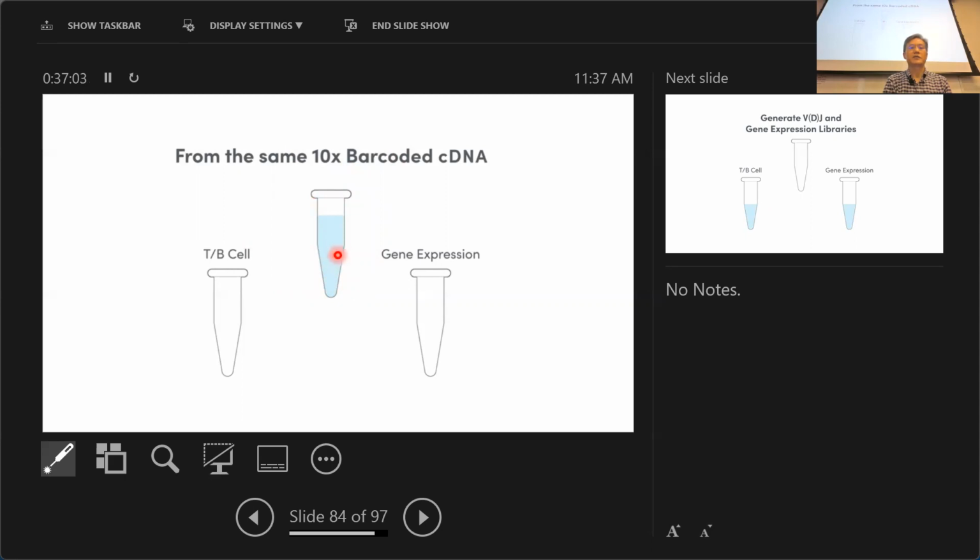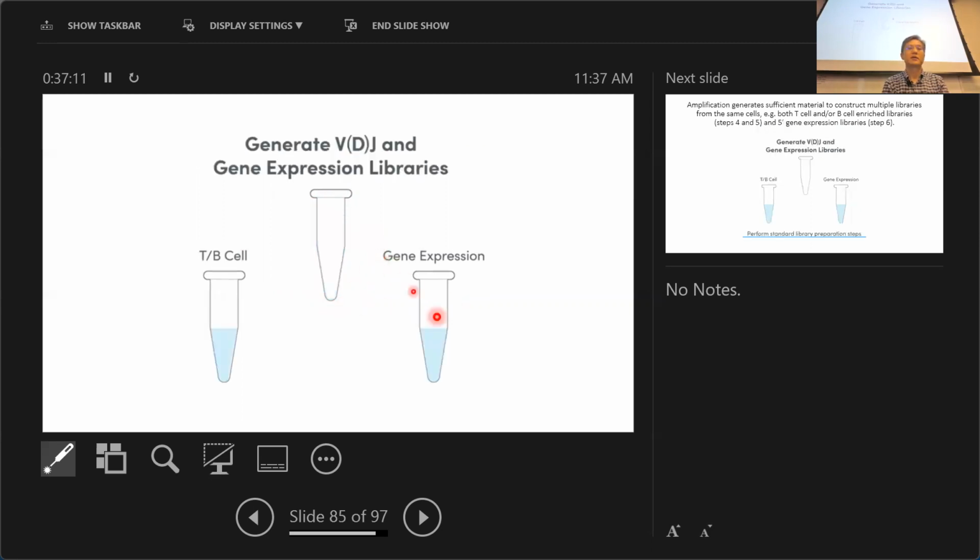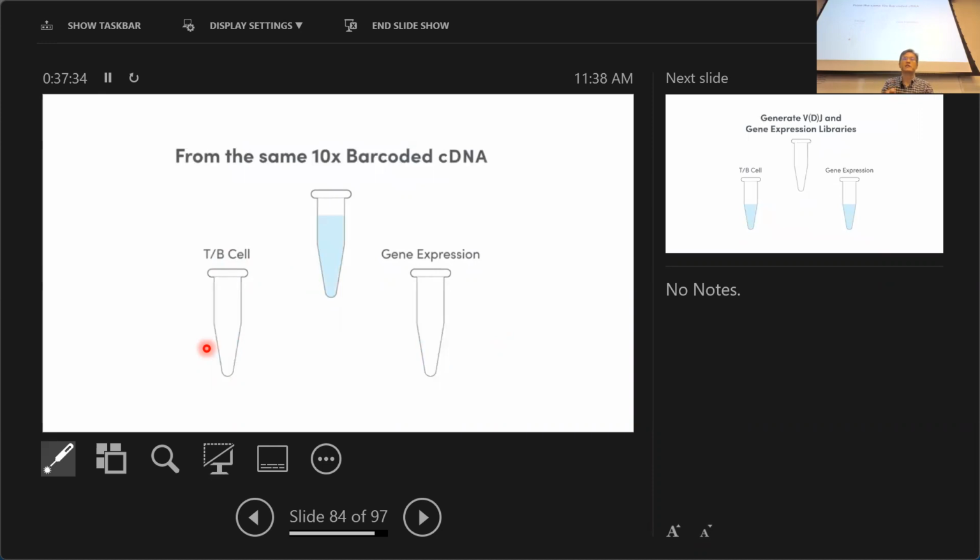In this case, the same sample will be separated into 2 tubes. One just for regular single cell RNA, while the other will go for VDJ, the surface protein sequence. I believe in this step, all the cells have been lysed, all the cells have already broken, all the mRNA has come out.